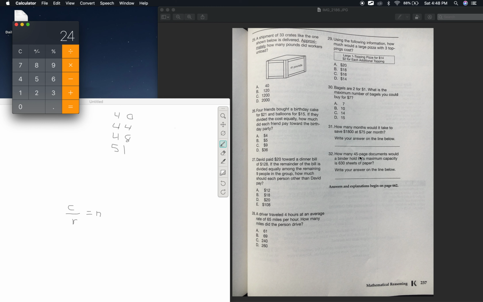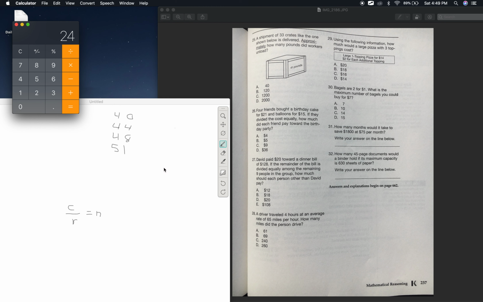Okay, how many 45-page documents would a binder hold if its maximum capacity is 630 sheets of paper? So this is kind of similar to what we just did here. Anytime you have the total number, which is the 630, and one of the other variables, you would divide these two. Then you would get the other one.